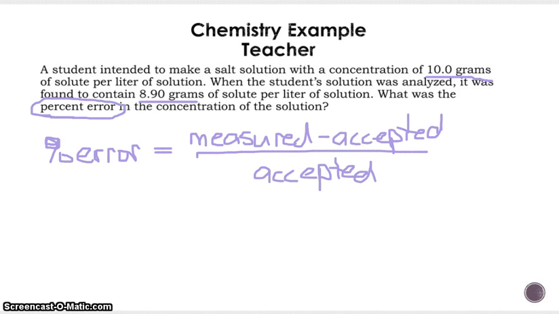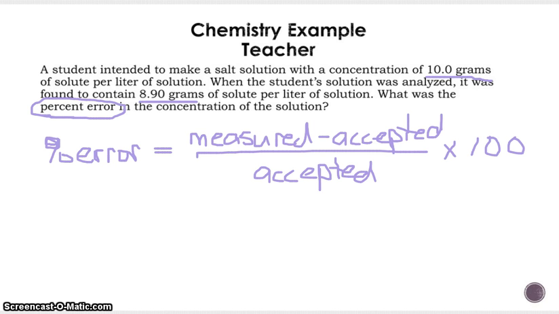And when we do that, we're going to get a decimal, so you're always going to end up multiplying by 100 at the end to get it into a nice percentage. Okay, so we know that's what we have to find, and this is the formula we're using. So let's look at the numbers that are given to us. Now, we wanted or intended to make this 10 grams of solute per liter of solution. However, the actual value that we got, the measurement that we got, was 8.90 grams of solute per liter.